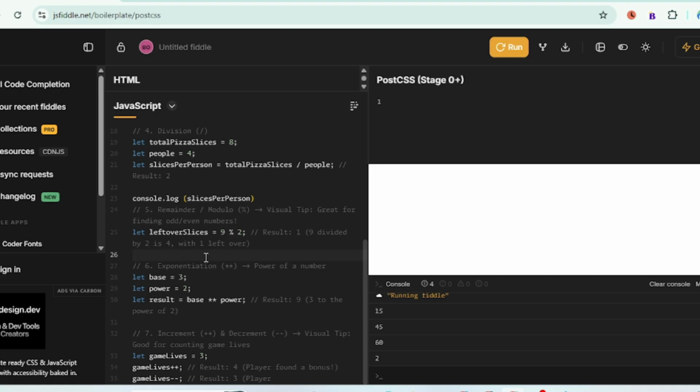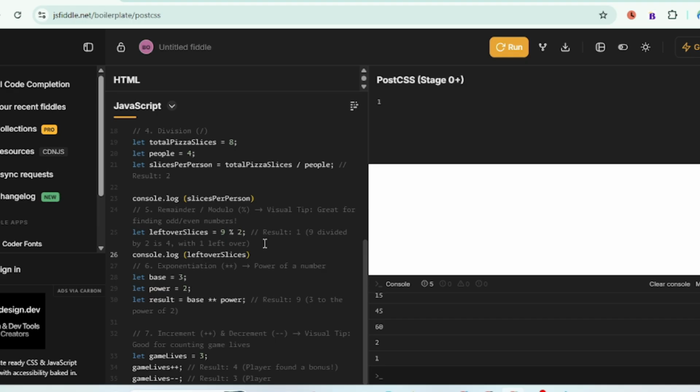So let's say leftover slices, which is 1.